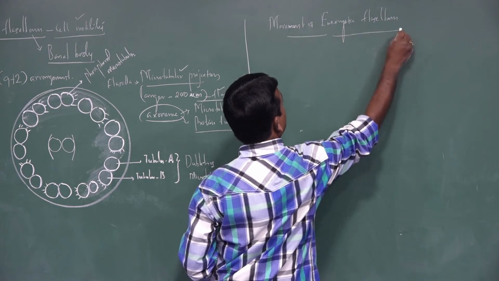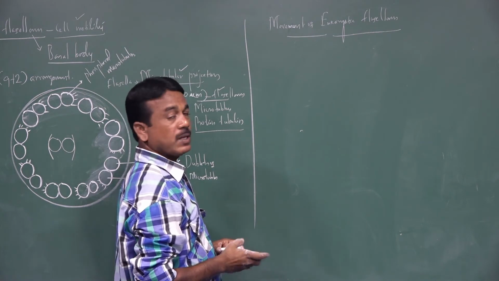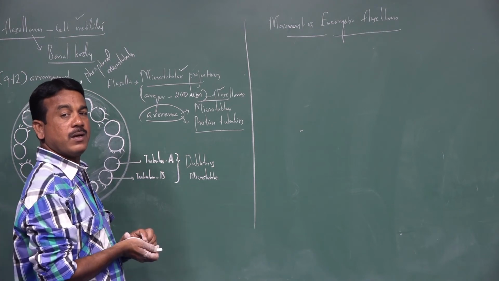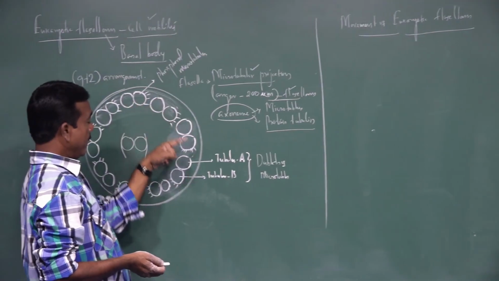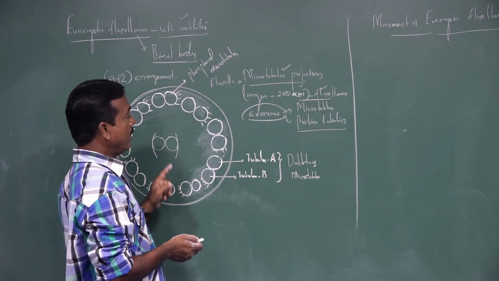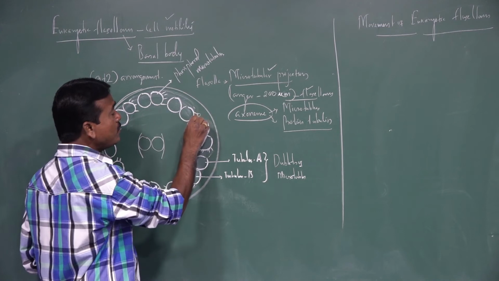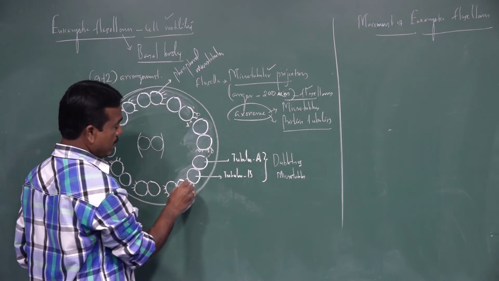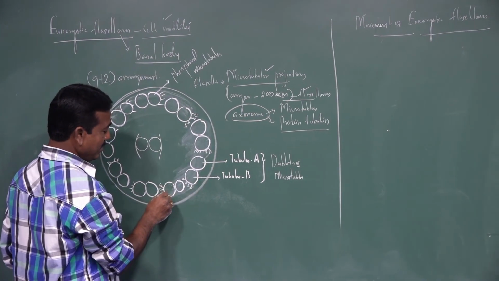I have already discussed the structure present here. In the flagellum, 9 pairs of peripheral microtubules are there, and each pair possesses axonemal dynein.